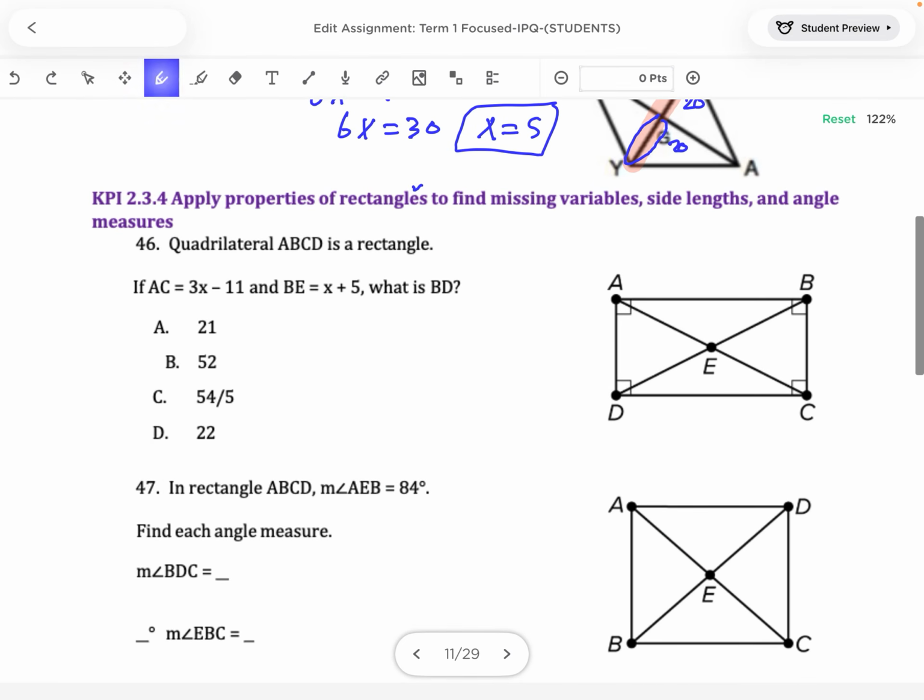Now we are talking about rectangle. Rectangle, opposite angles are equal, opposite sides are equal, diagonals are equal to each other and bisect each other. The question gave me AC and gave me BE. So AC will be double of BE.